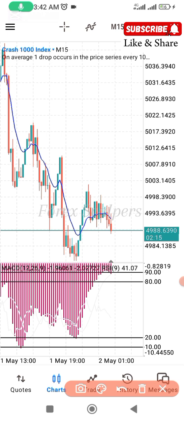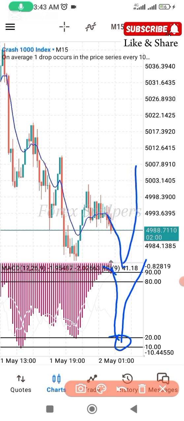But for us to buy, we need the MACD histogram line to come all the way to this zone before we can find a buy entry and buy to the upside. And by then, price would have dropped to some extent before we find this entry. And that is why it is a very, very effective strategy for us.